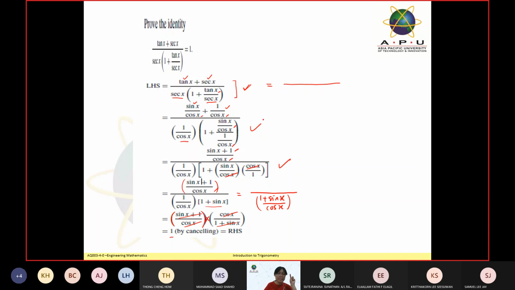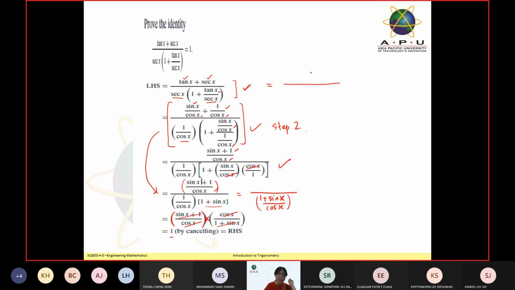Okay, I will say that step 2 is a must. For the third step, certain parts we can actually skip. Maybe this part you can skip.